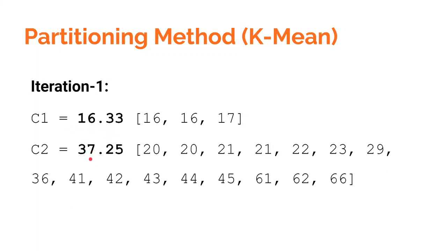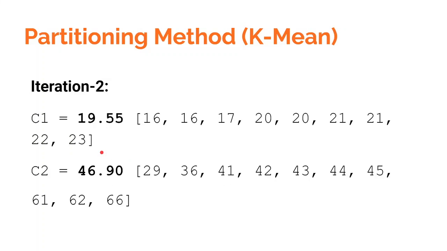And if you compare the value 22 and 38, you will get a difference of 16. So you will observe a huge difference, and that's why I have arranged these 20, 21 and 22, and also 23, into cluster 1.